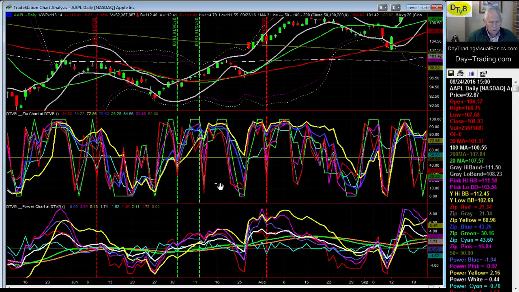I'll start over here on the left with this red vertical line. The basic rule of this formula starts in this case with both highest. So Zip Yellow is highest and Power Yellow is highest.